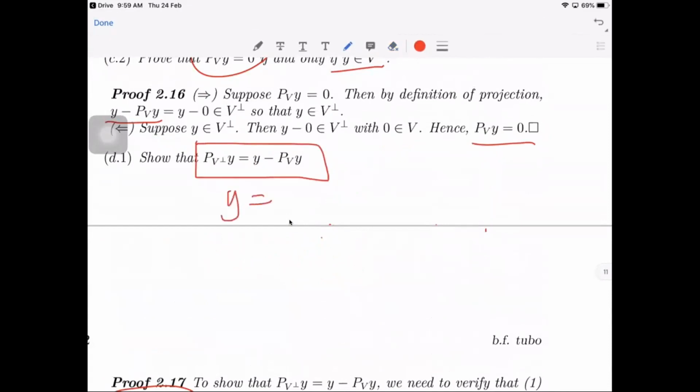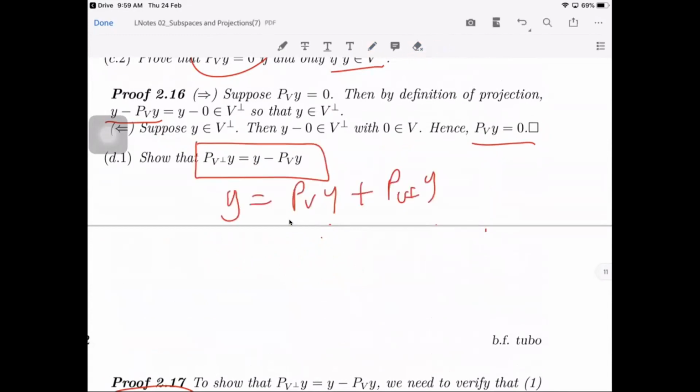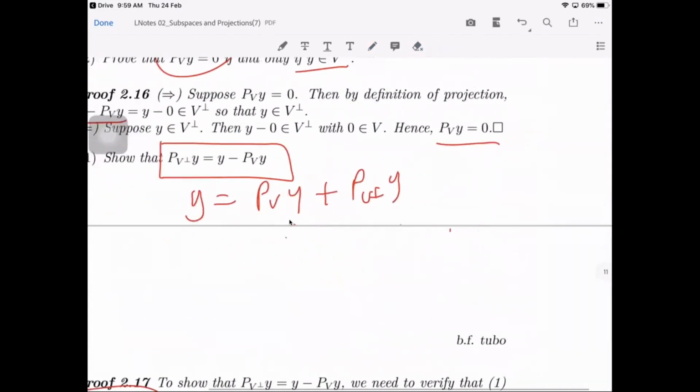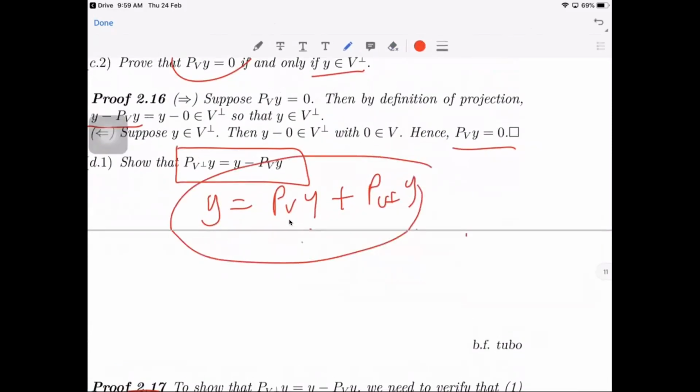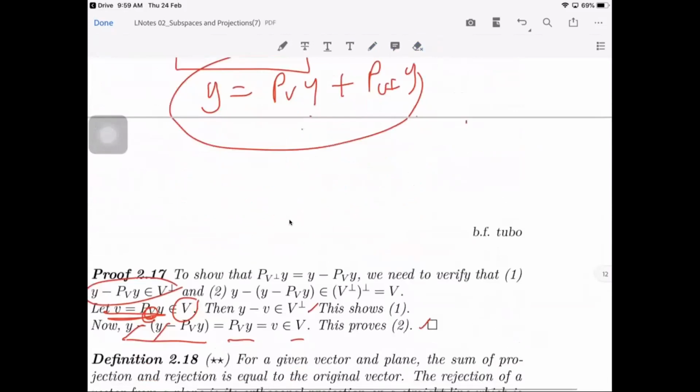Here you can see that y is equal to the projection of y onto v plus the projection of y onto v perp. Okay. So if we put this in English form, that is Definition 2.18.